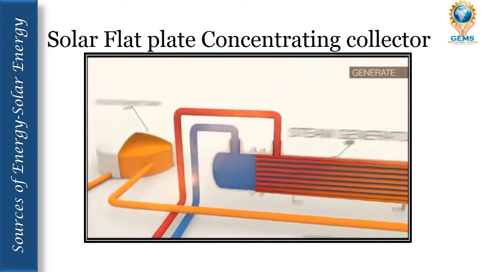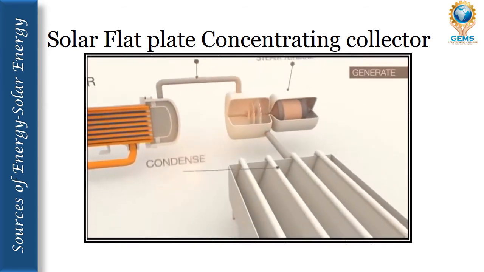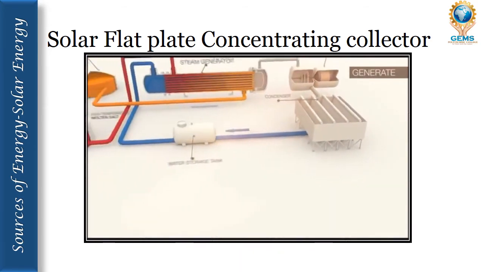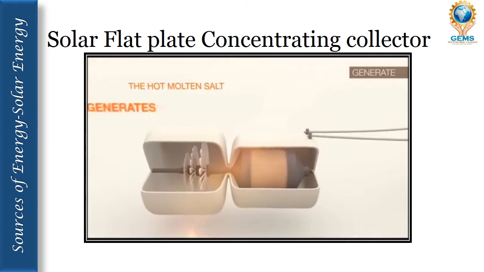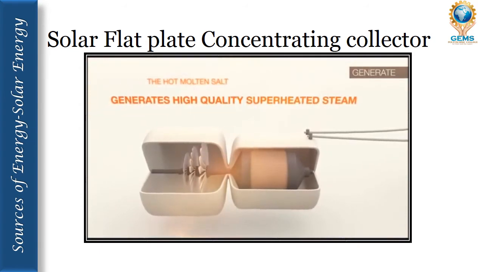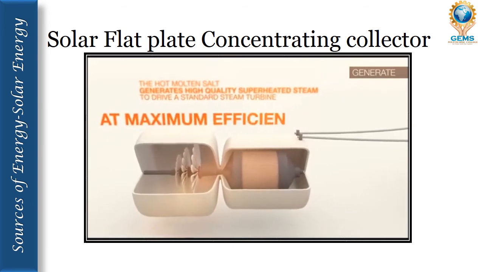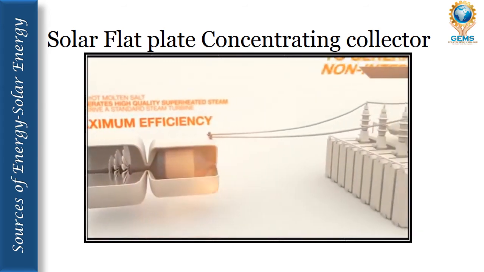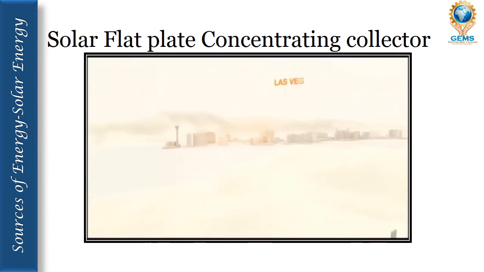After the steam is used to drive the steam turbine, it is condensed back to water and returned to the water holding tank, where it will flow back into the steam generator when needed. The result is a high-quality, superheated steam to drive the standard steam turbine at maximum efficiency to generate reliable, non-intermittent electricity during peak demand hours.